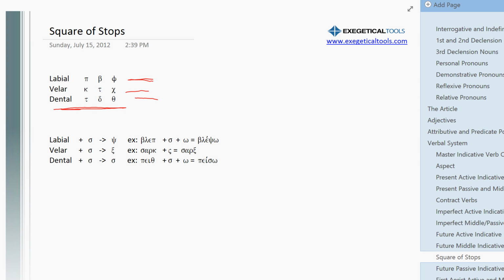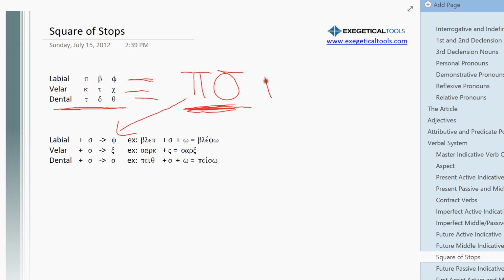Okay, so anyway, when you take all these and add a sigma right after them, so if you take, for example, a labial pi and then add a sigma after it, this is not going to stand. It's not going to stay like that. That will change to a psi.